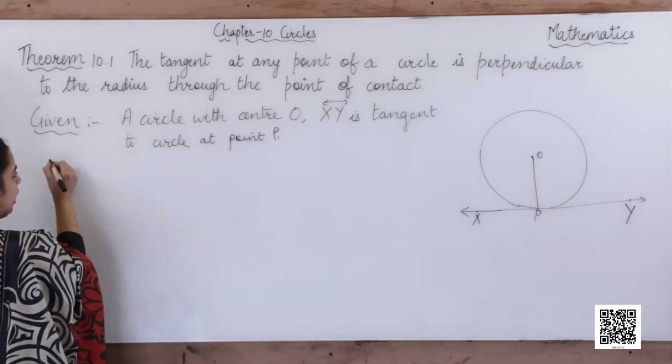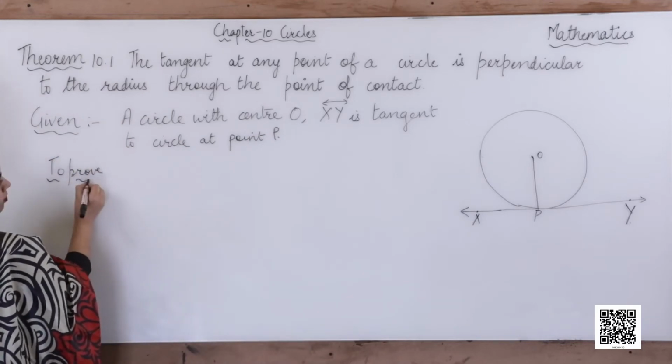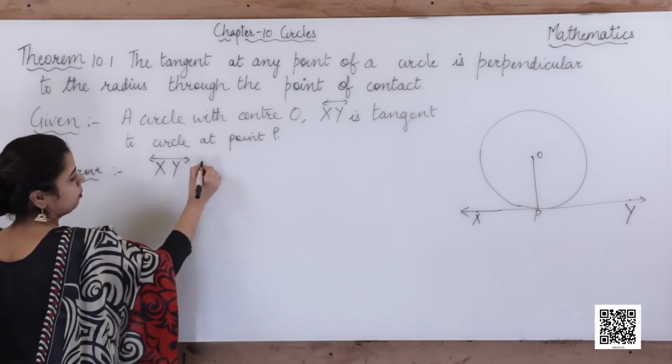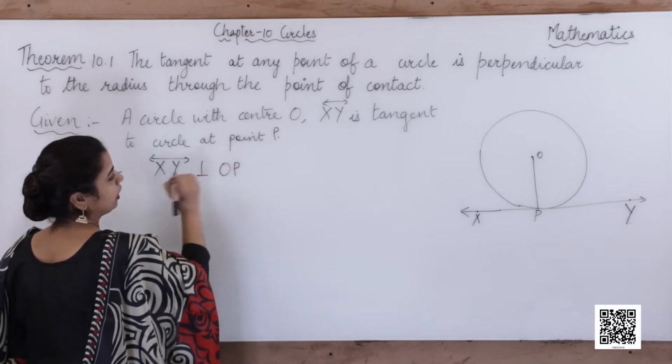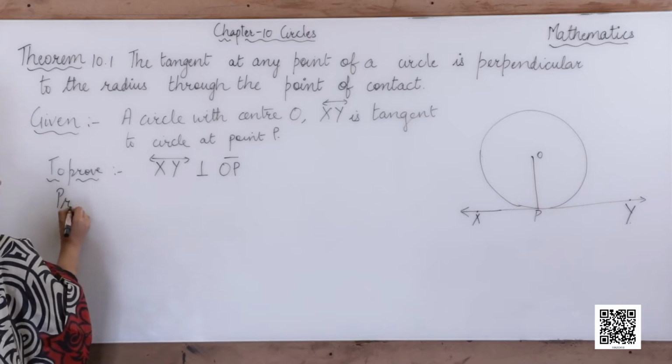We have to prove that this tangent XY is perpendicular to the radius OP. We have to prove this. So let us try to prove this.